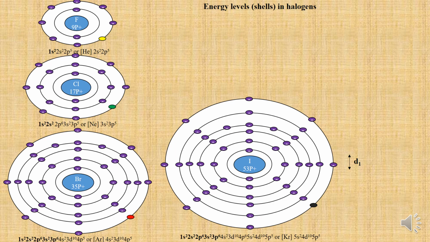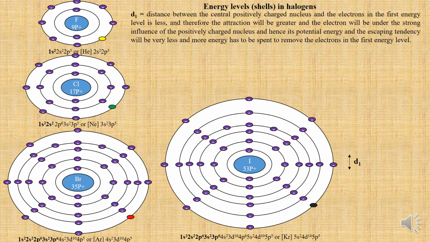Since they are very close to the nucleus, the attraction will be greater towards the positively charged protons. An electron will be under the strong influence of the positively charged nucleus, and hence its potential energy and escaping tendency will be very less. More energy has to be spent to remove the electrons in the first energy level.